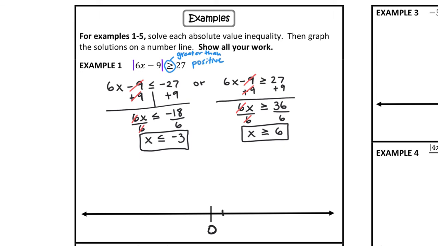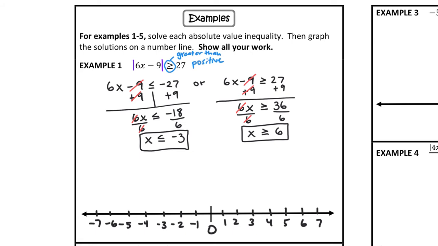Just do 1, 2, 3, 4, 5, 6, 7 on the positive side, and -1, -2, -3, -4, -5, -6, -7 on the negative side.